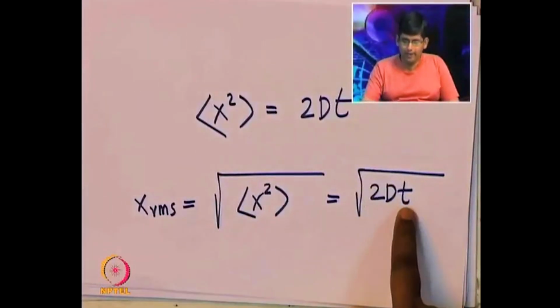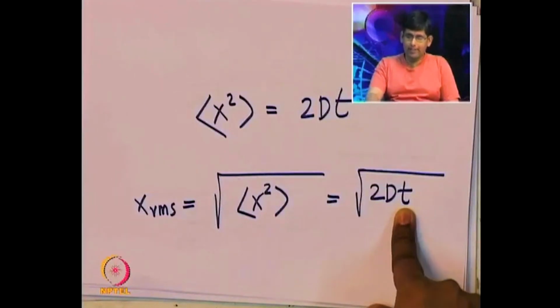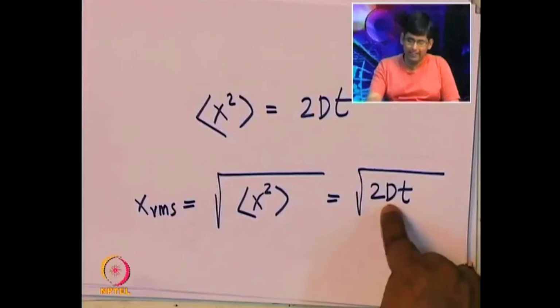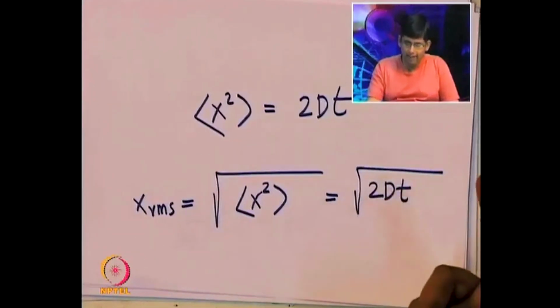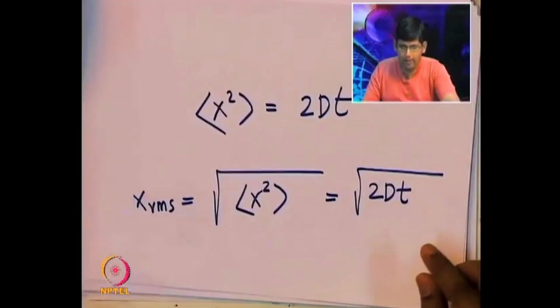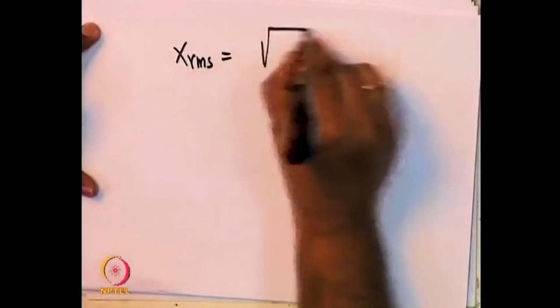So, what does this mean? If you wait for 100 seconds, let us say d is a constant, t is time. Let us take x RMS is equal to root of 2dt.